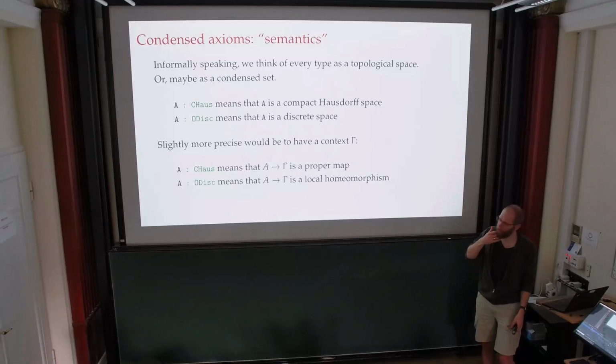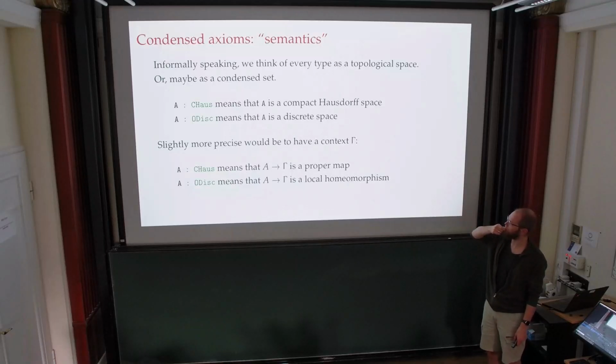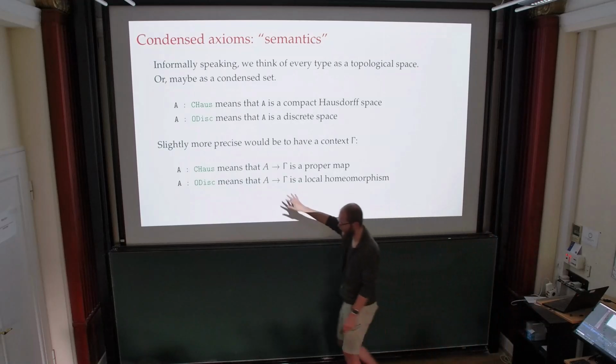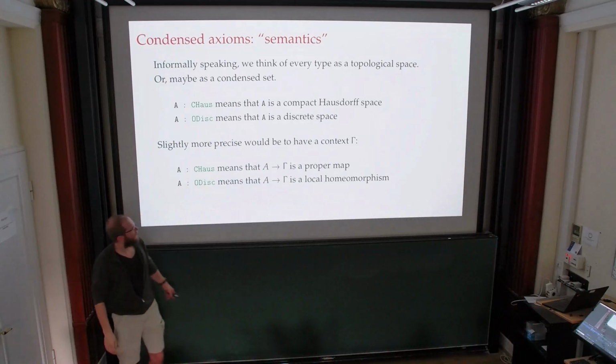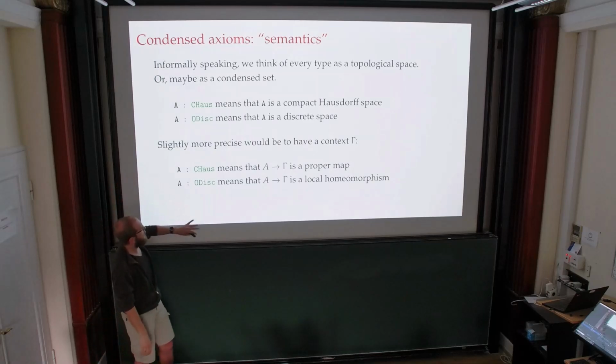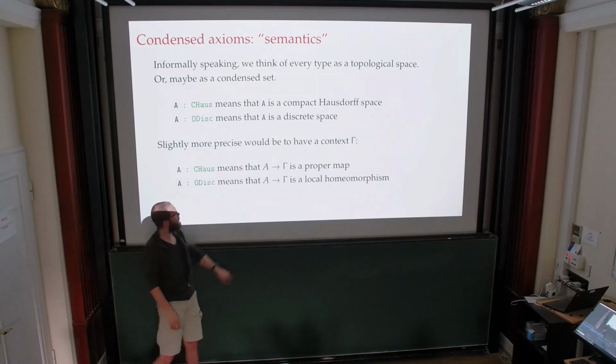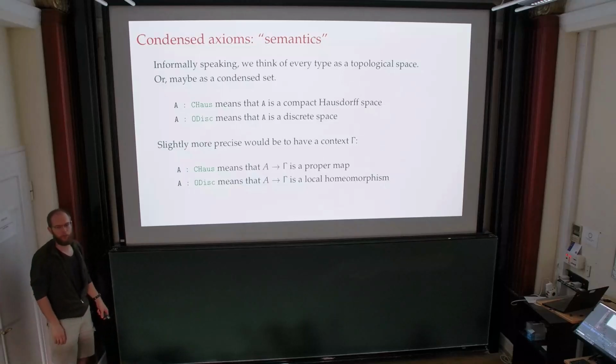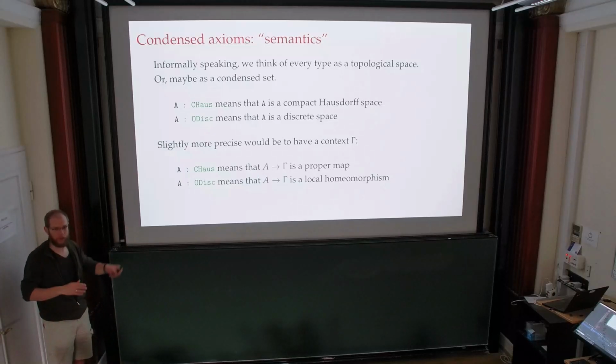Okay, and so if we want to be slightly more precise, you want to do something with a context. So if you have a type A that is CHaus in context gamma, then you semantically interpret that as the map A to gamma being a proper map. So, in the sense of topology, right?